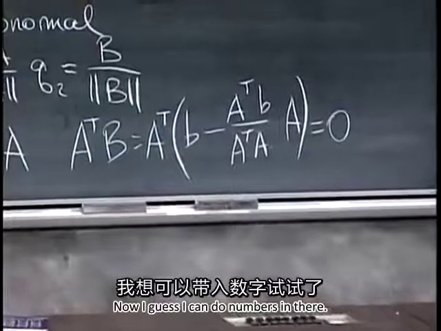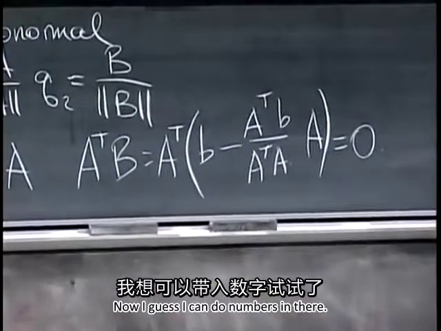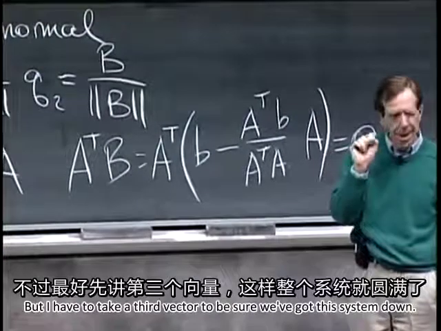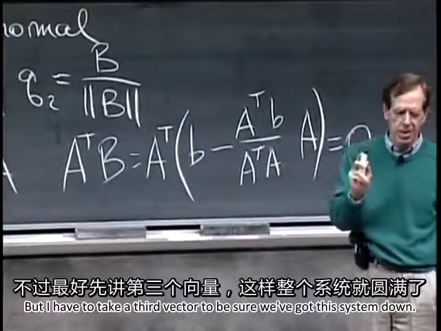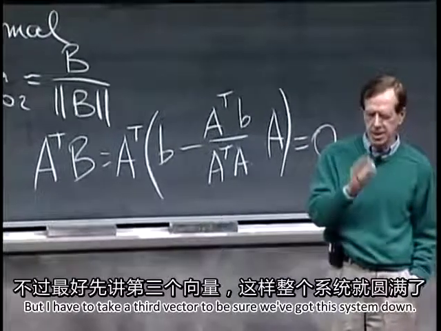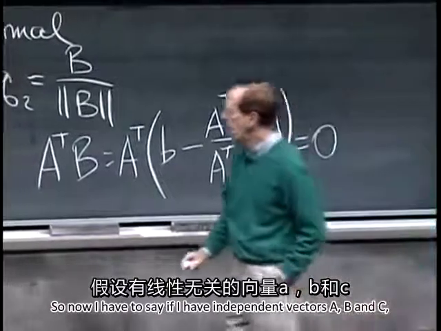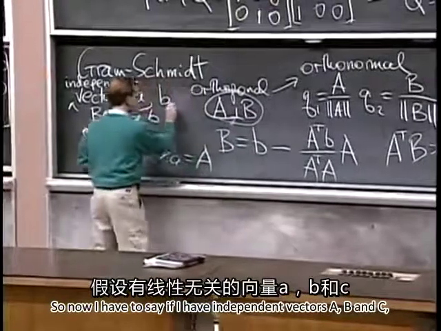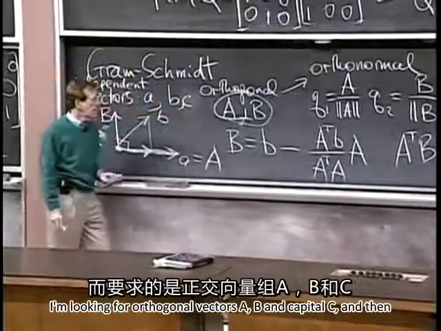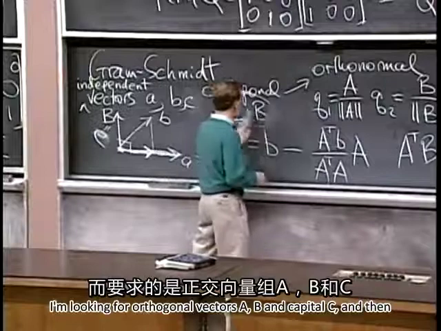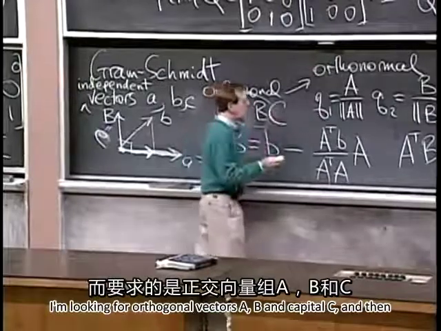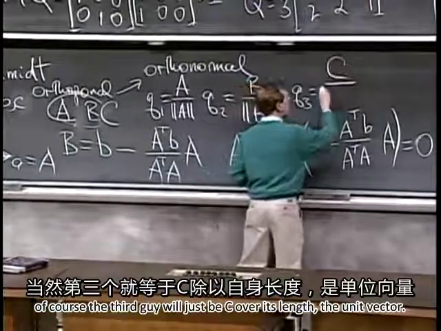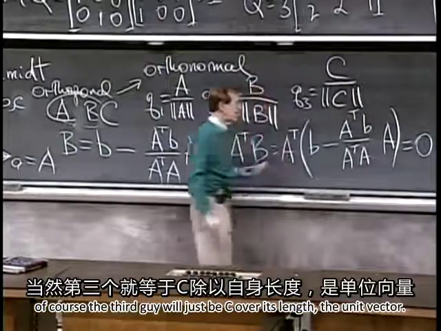Now, I can do numbers in there, but I have to take a third vector to be sure we've got this system down. So if I have independent vectors A, B, and C, I'm looking for orthogonal vectors A, B, and capital C, and then, of course, the third guy will just be C over its length, the unit vector.